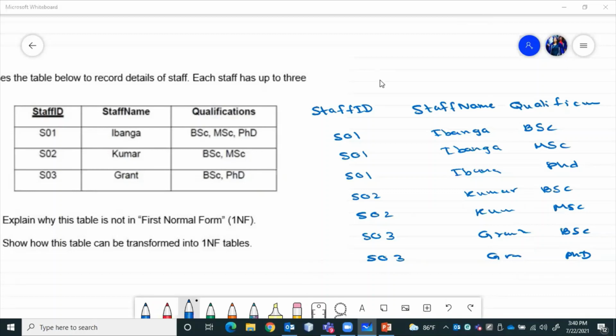Okay. If I make the staff ID the primary key, you can see it is repeating, duplicating. If it is the primary key, we cannot have duplicate values. See, S01, S01, S01, repeating. S02, S02, S03, S03, repeating. So is this enough for the primary key?